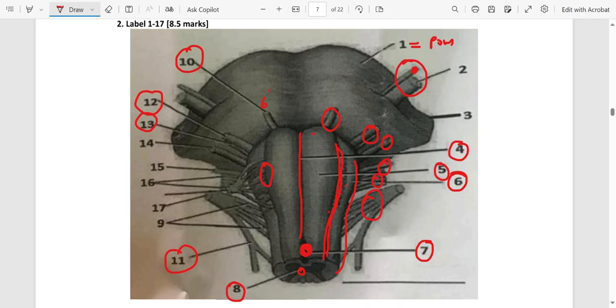But remember, cranial nerve number 11, the accessory nerve, has got the cranial part and the spinal part. The one that is more down is going to be the spinal part, because it is coming from the spinal cord. The one that is a bit on top, where you can see the fibers a lot, is the cranial part. Hope that makes sense.